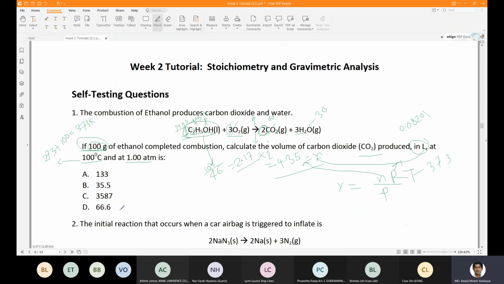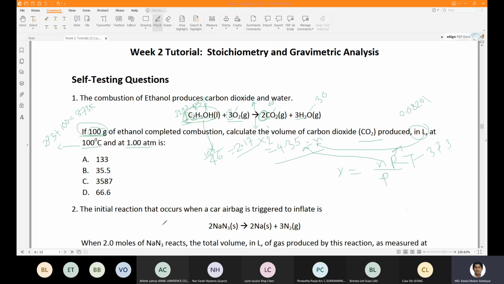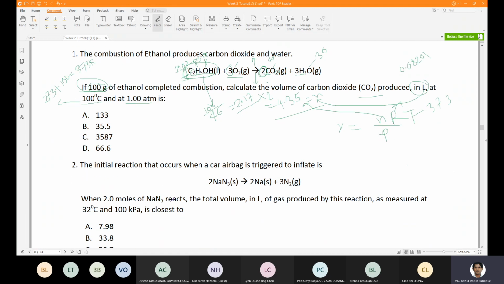So if we calculate, we will find that the correct answer for this problem is answer A, 133 liter. Okay, so A is the correct answer.